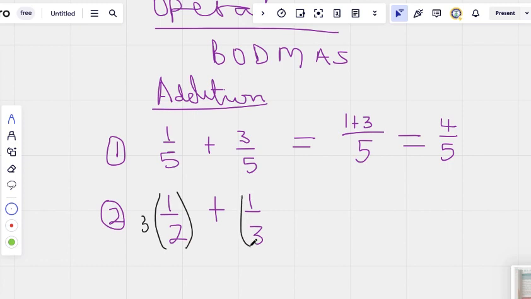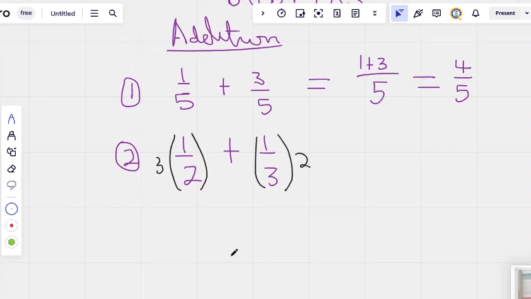Then I'll multiply the whole of the other fraction by the denominator of this one, which is 2. 3 times 1, you have 3 on top. 3 times 2, you have 6. Plus this one: 2 times 1, you have 2 on top. 2 times 3, you have 6.